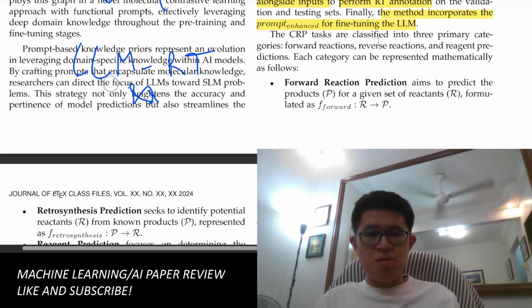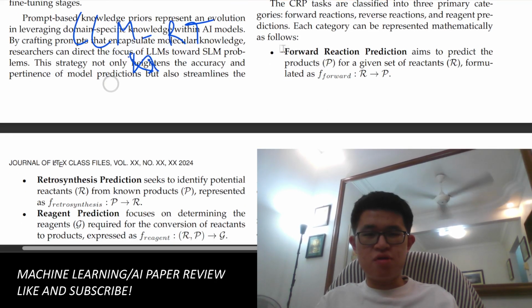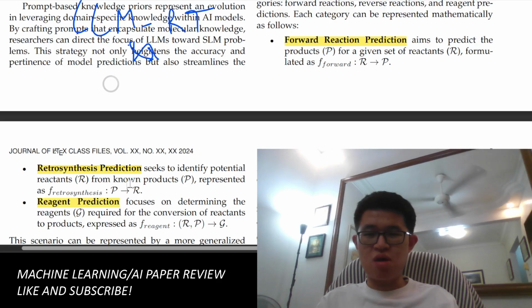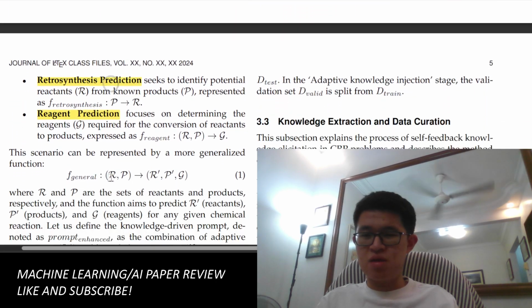And the task can be described, I think, which we already did. We are concerned about forward reaction prediction, retrosynthesis prediction, and reagent prediction, which I already talked about previously.